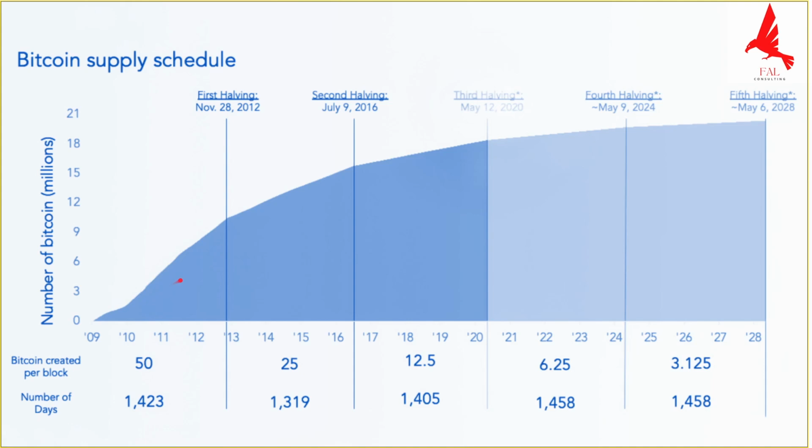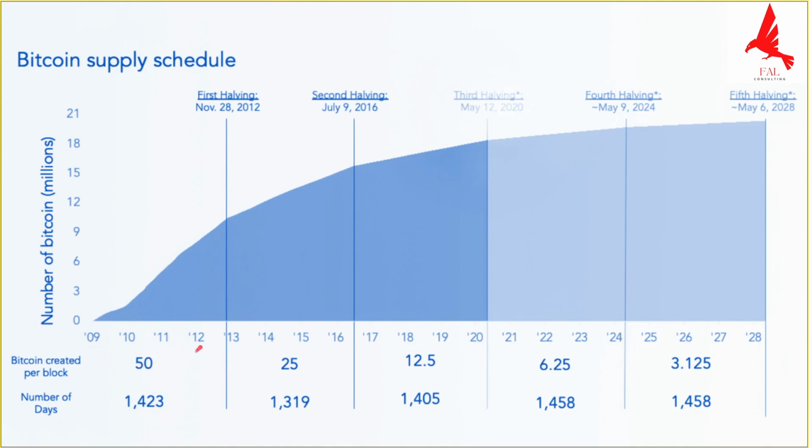After every certain amount of blocks, 210,000 blocks, the halving protocol occurs, which is encoded into the Bitcoin blockchain's programming, where the issuance rate, the Bitcoin created per block and rewarded to miners who are processing the transactions, goes down in half.